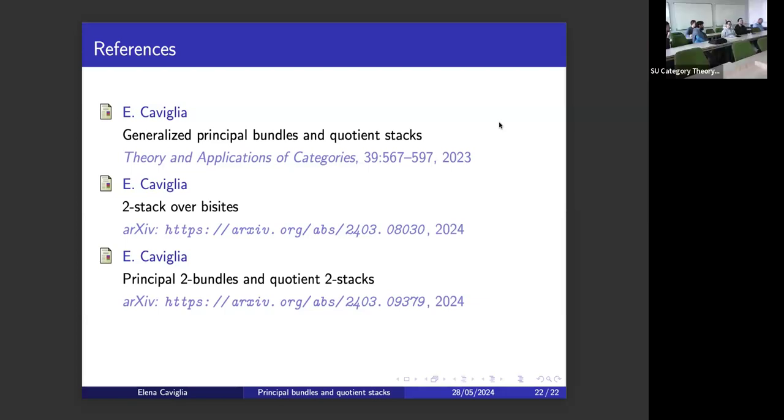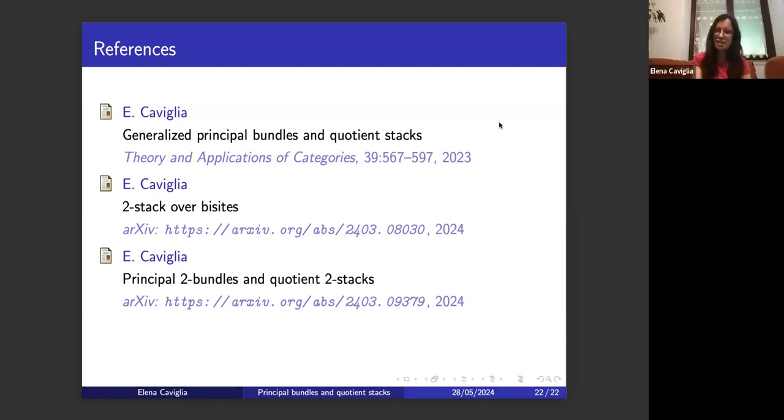Okay. Is there not currently technology to calculate the cohomology of an algebraic stack? There is, but first of all, it is computed as a cohomology group, while with this technology we could compute it as a two-group. So we'll have more structure.